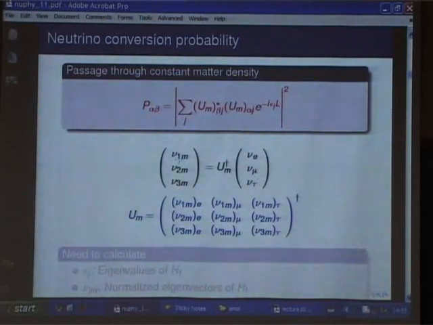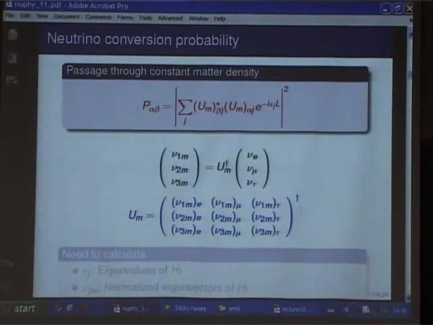So let's write down these three in terms of mu e, mu mu, mu tau. What does this mean? That this Um dagger would be mu1m component 1, component 2, component 3. We are working in flavor basis. So in flavor basis, write down your mu1m, take its 3 components and write them down as a row.